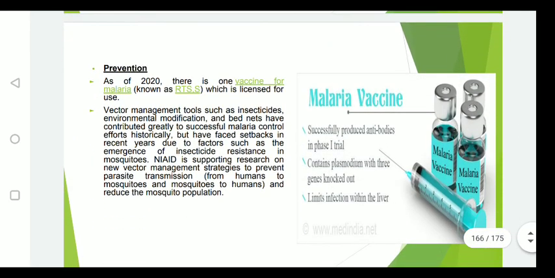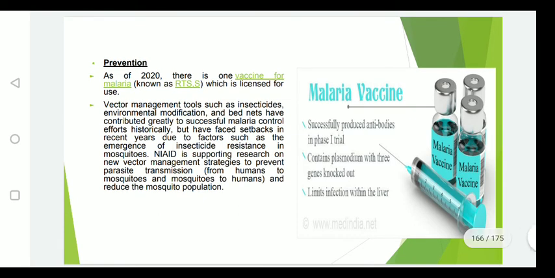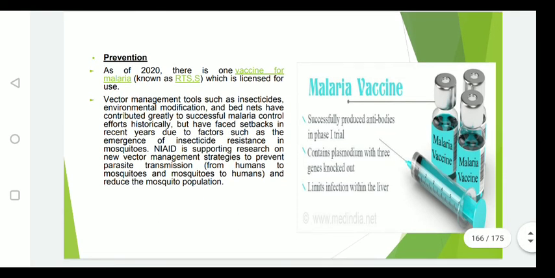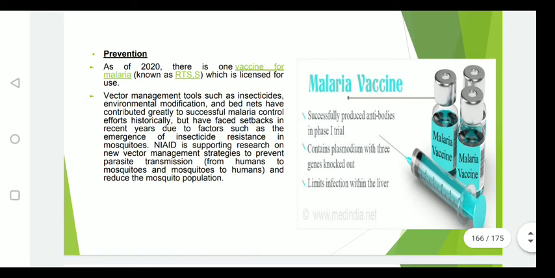Then the last section, that is prevention. As of 2020 there is one vaccination for malaria, known as RTS,S, a brand name which has come and is licensed for use.